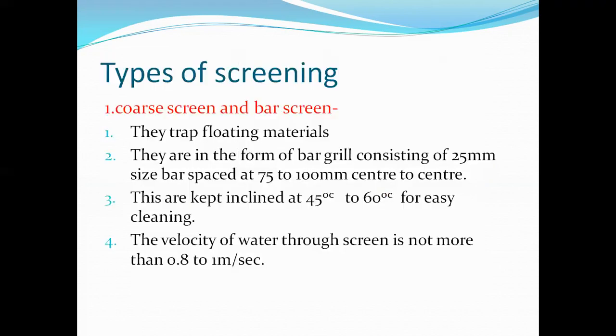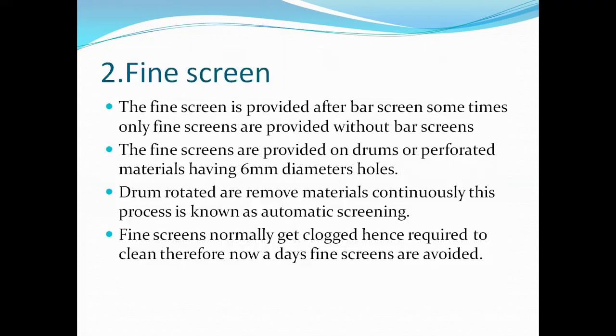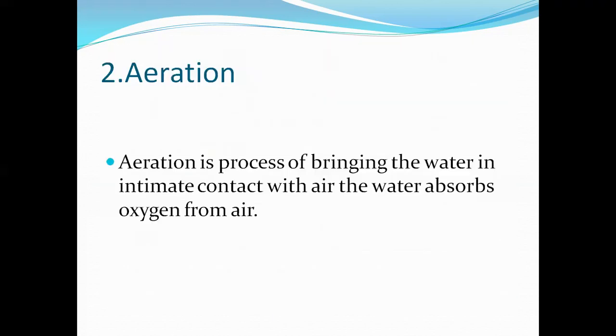Then there are two types of screening. First is a coarse screen or bar screen, and second is a fine screen. After that, the second water purification process is aeration. What is the definition of aeration?